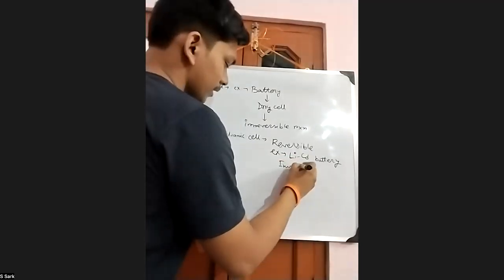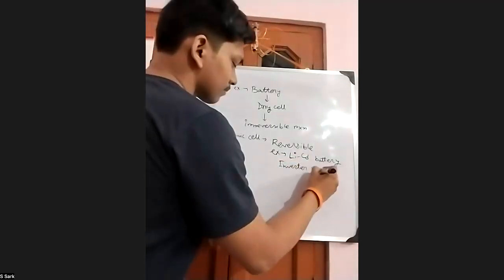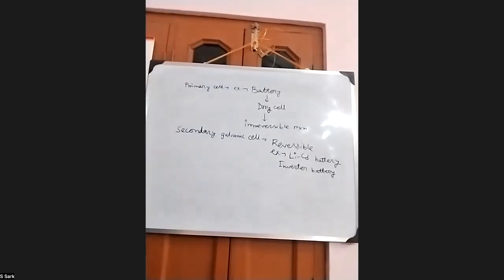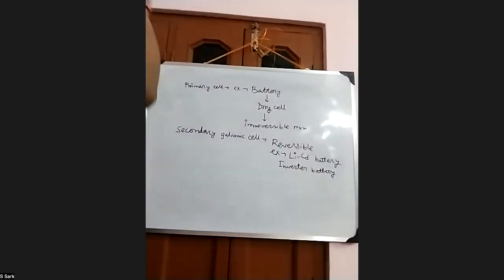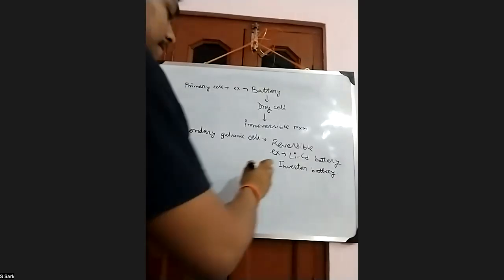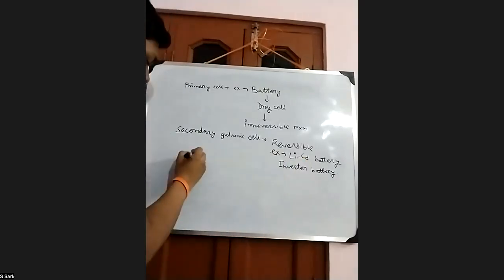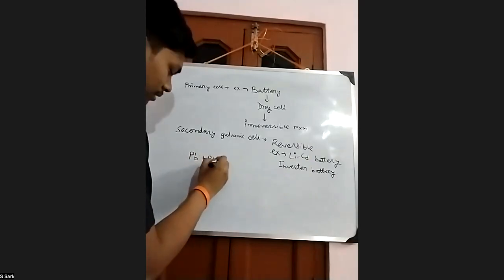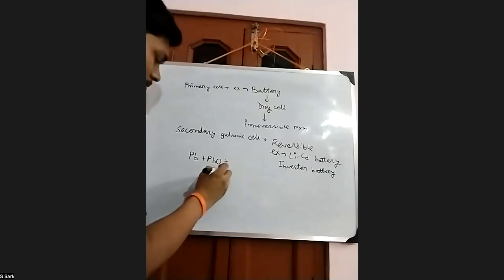These types of batteries are examples of a secondary galvanic cell, in which, in the inverter, we have seen the equation Pb plus PbO2, sorry, Pb plus PbSO4.